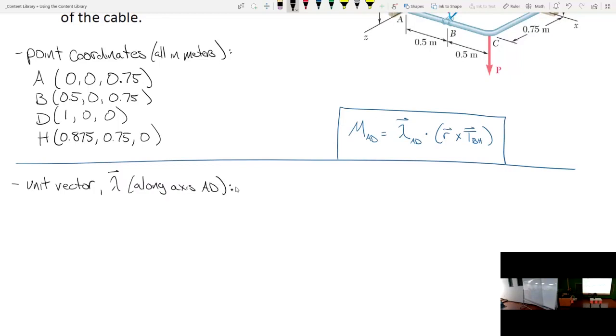I think by now we've got enough experience doing stuff like this, but just to make sure that we're all on the same page, the first thing that we need to do is define vector AD. Now, in order to do that, I'm going to take the coordinates of D and subtract them from the coordinates of A. So I'm going to do it in reverse order. Okay?